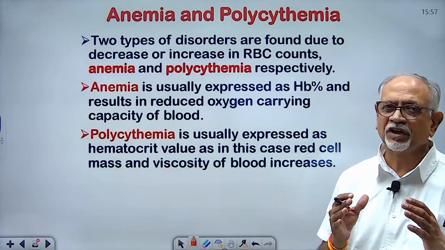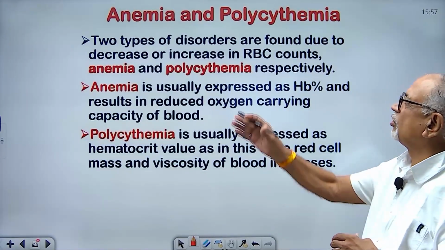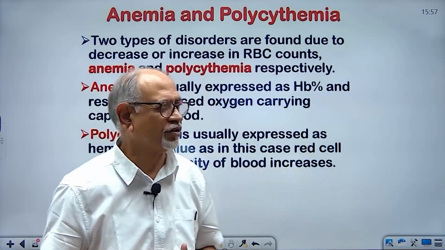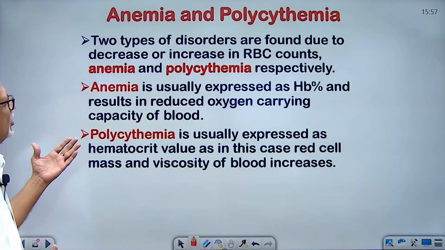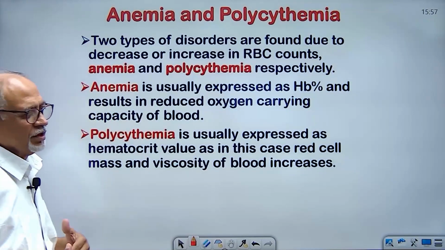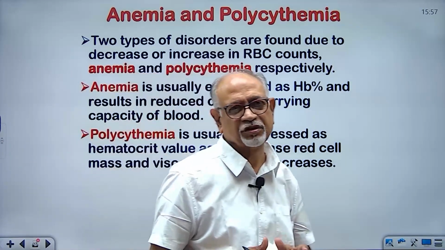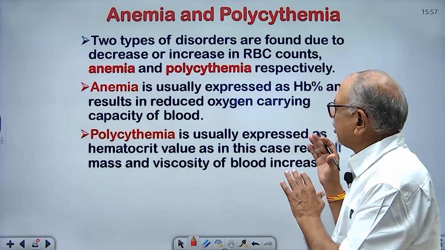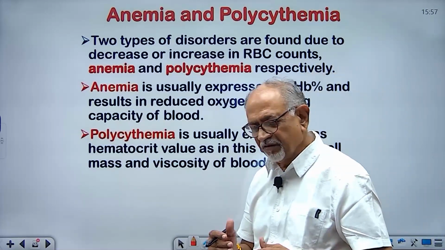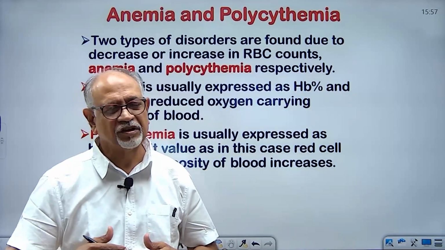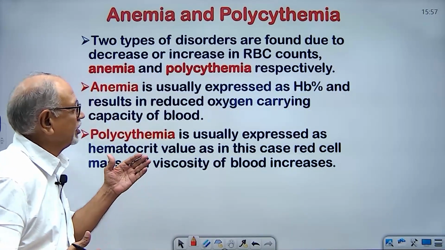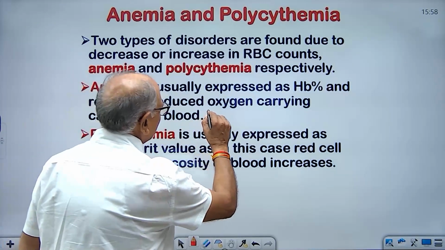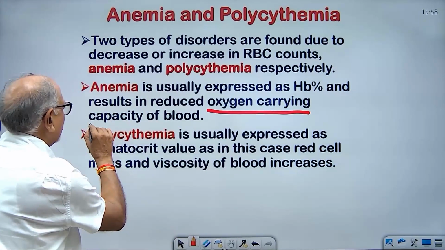When the hemoglobin concentration decreases in blood, it is called anemia, and when it increases, it is called polycythemia. In anemia, usually it is expressed as hemoglobin percentage. So hemoglobin is estimated in the blood, and if it is less, then it is considered an anemic condition, because it severely affects the oxygen carrying capacity of the blood.